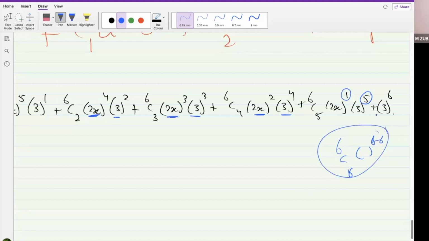So we don't write that, and we directly write b to the maximum power, that is n.